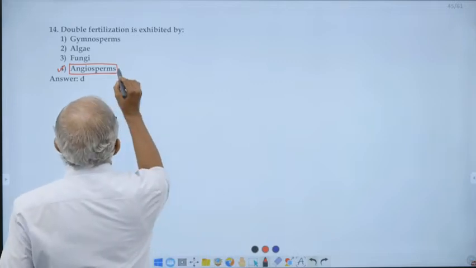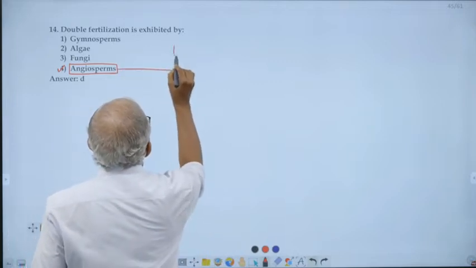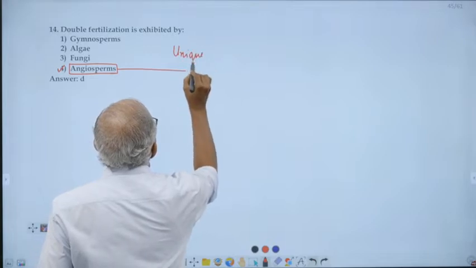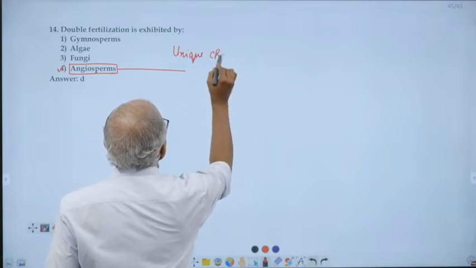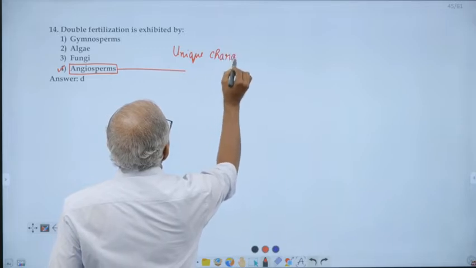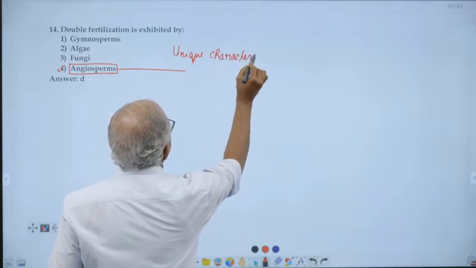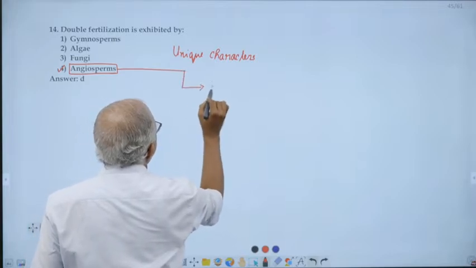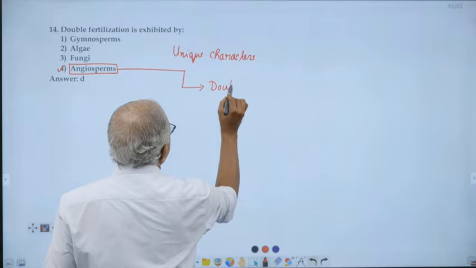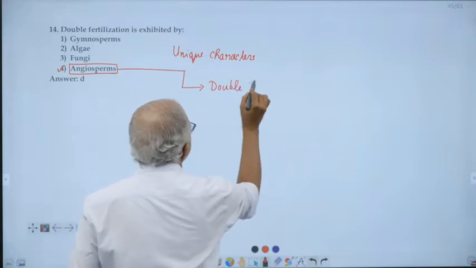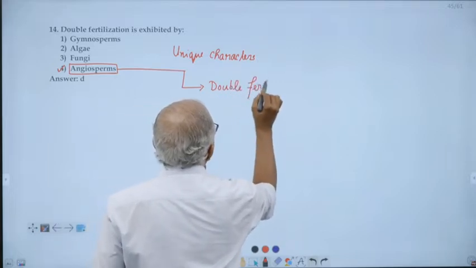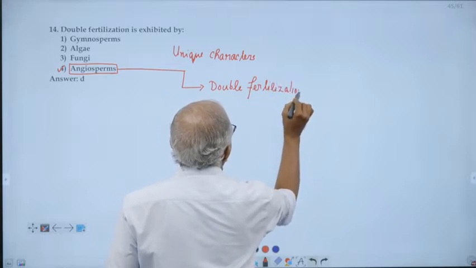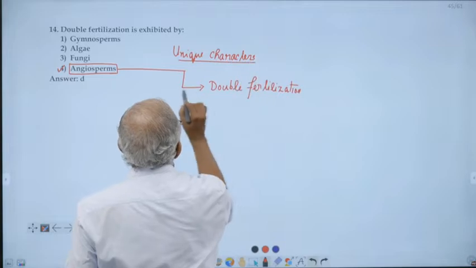In angiosperms, the unique characters are: first one, double fertilization. The question's concept is double fertilization, a unique character of angiosperm.